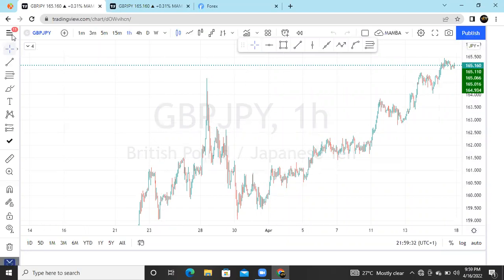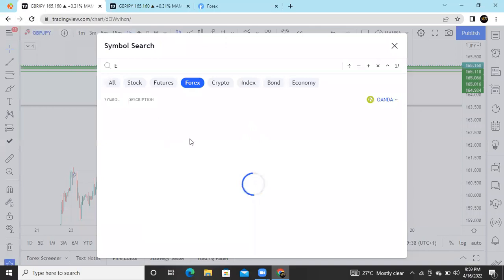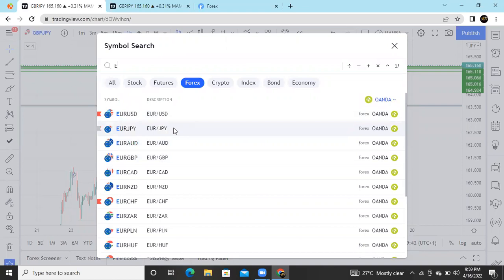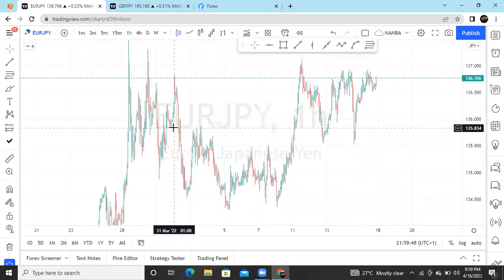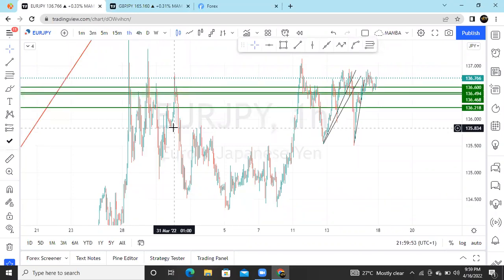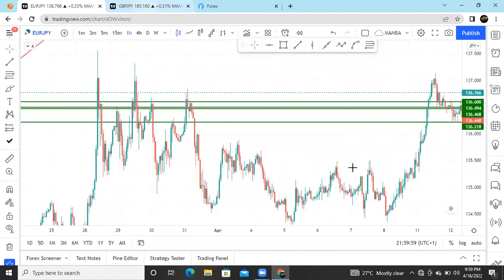So yes, where were we? What currency pair were we on previously?